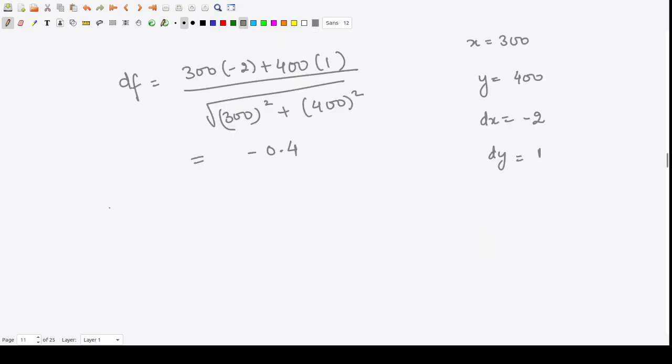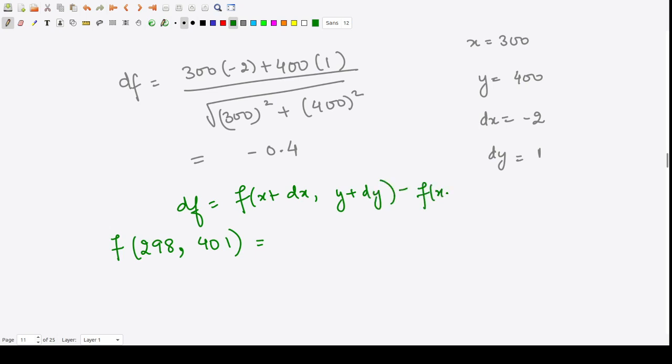Therefore the value of the function f of 298 and 401 comes out to be as follows. Because df is equal to f of x plus dx, y plus dy minus f of x comma y, we want this quantity, so it will be df plus f of x comma y.